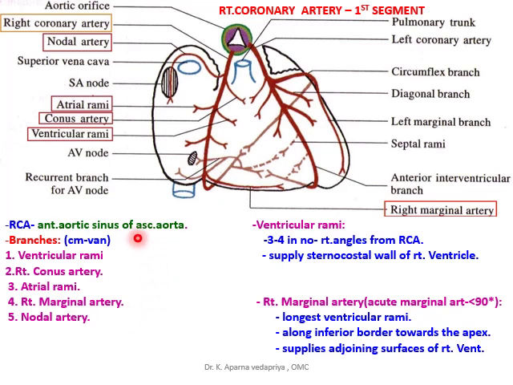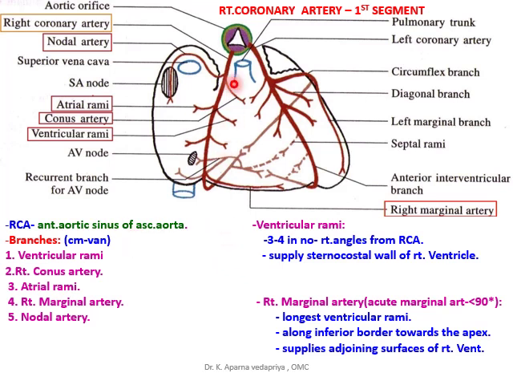To make it a little simpler, you may remember by the mnemonic CM1. C stands for the conus artery, M stands for the marginal artery, V for ventricular rami, A for atrial rami, N for the nodal artery. So let us see these arteries in detail.